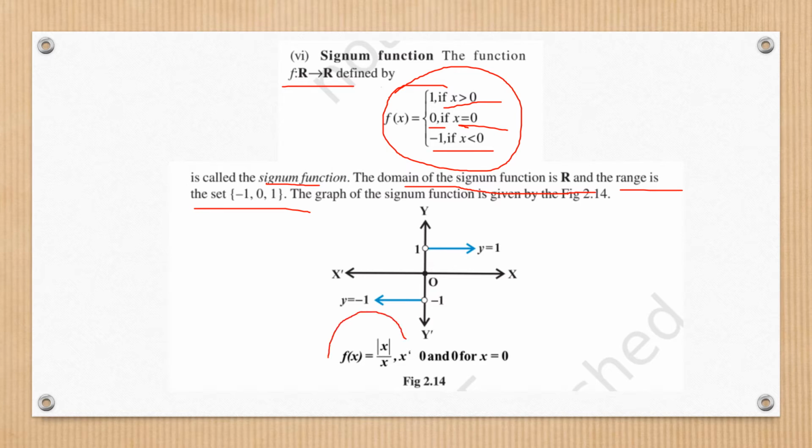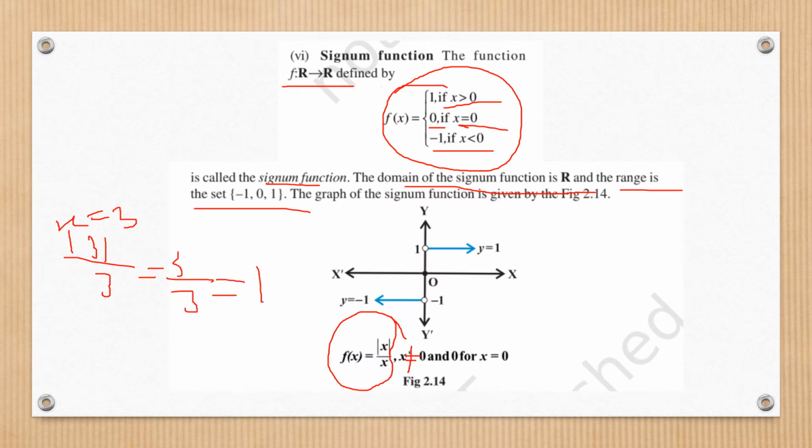And what is the signum function? f(x) is equal to mod x upon x such that x is not equal to 0, right? So see why it will give, for positive real numbers, the value 1. See, if I take x as say 3, then mod x upon x means mod 3 upon 3, which is 3 upon 3 and is 1, right?